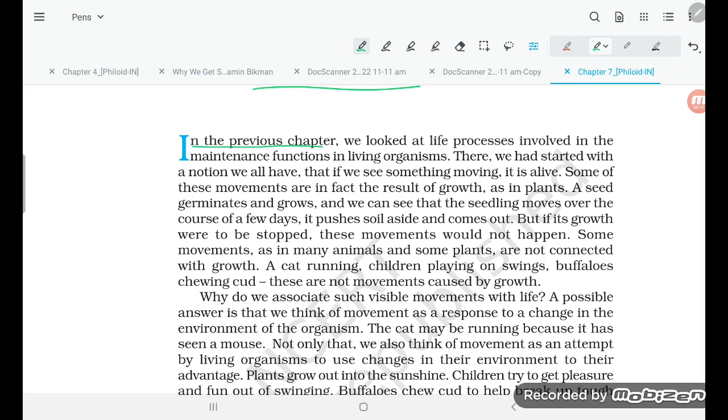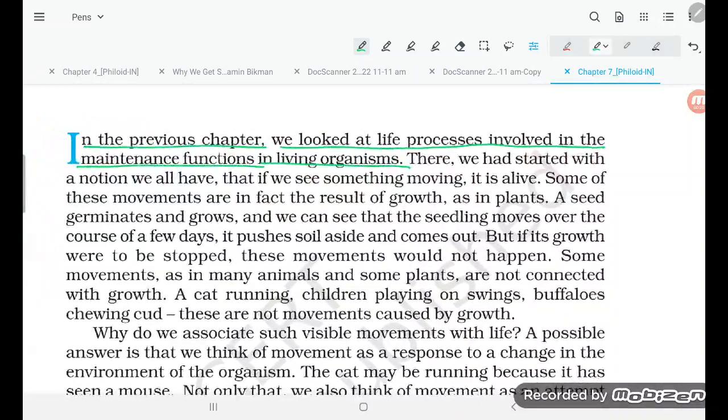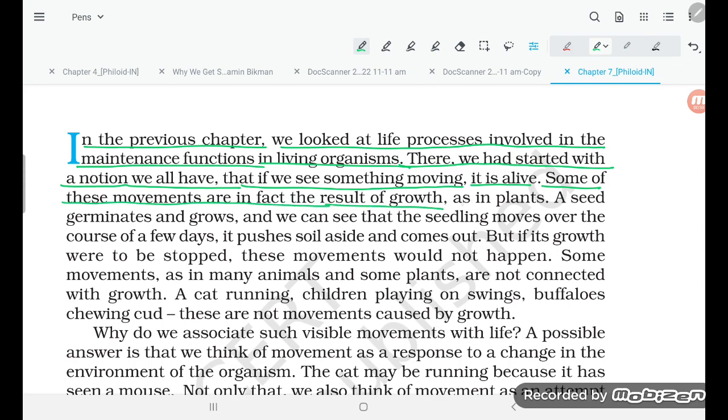In the previous chapter we looked at the life processes involved in the maintenance functions in living organisms. There we had started with a notion we all have, that if we see something moving, it is alive. Some of these movements are in fact the result of growth.